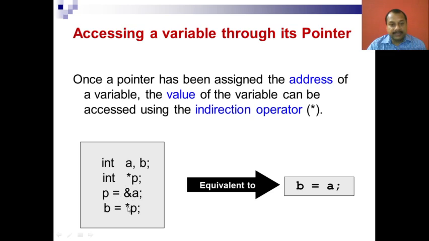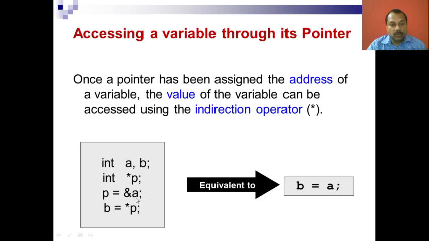Now when I say star p, it indicates it is not the content of p. If I say just p, then it will print ampersand a. But if I say star p, then it will look at what is my content, and that content, just now, I assigned as the address of a.